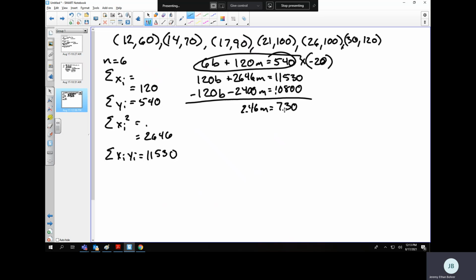Okay, well, I can divide both of these by 2. That'll give me 123M equals 365.